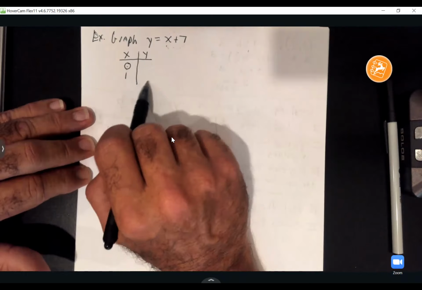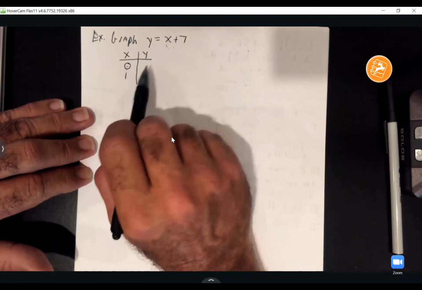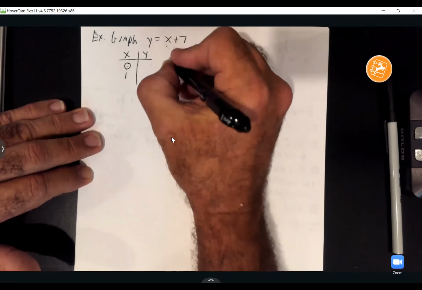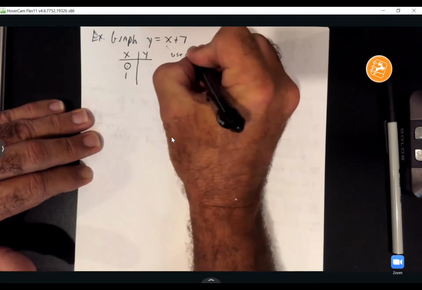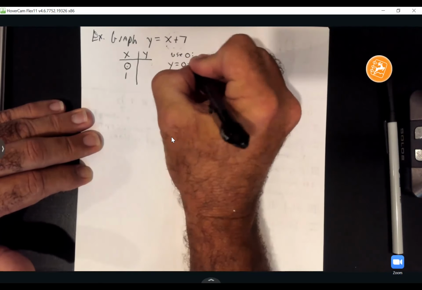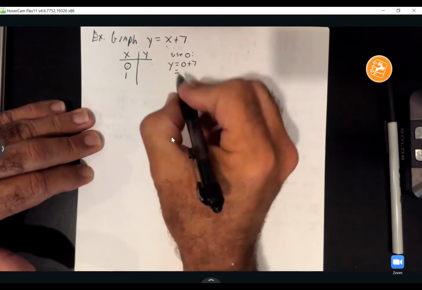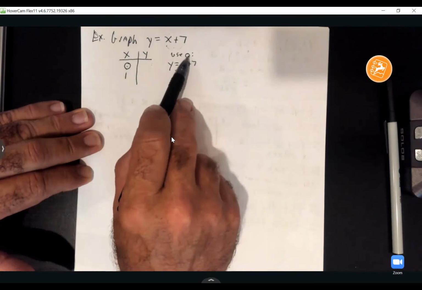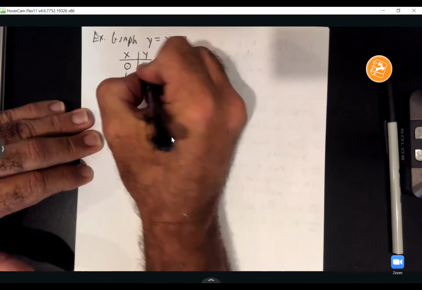So let's see what y values we get when we plug in our 2 numbers. So y'all, first, we're going to plug in the 0. So that'll give me y equals 0 plus 7. And y'all, 0 plus 7 is a 7. So when the x is 0, y is 7.